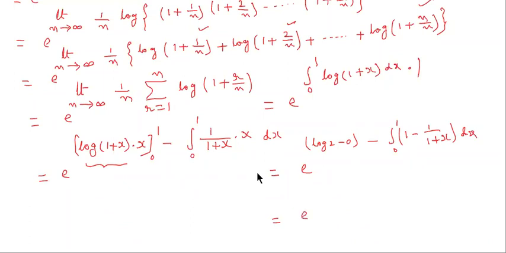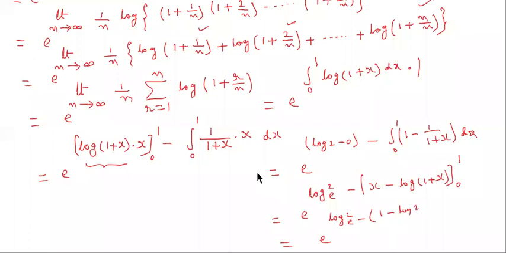e power log 2 to the base e minus integration 1 dx means x, minus integration 1 by 1 plus x, log 1 plus x, now limit 0 to 1. Now finally e power log 2 to the base e minus, substitute upper limit: 1 minus log 2.